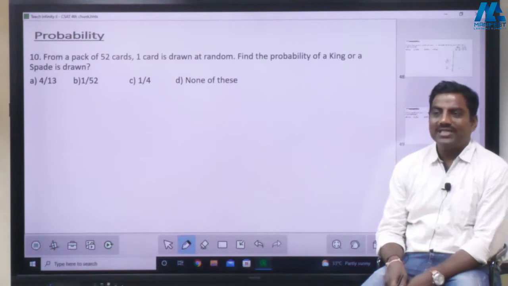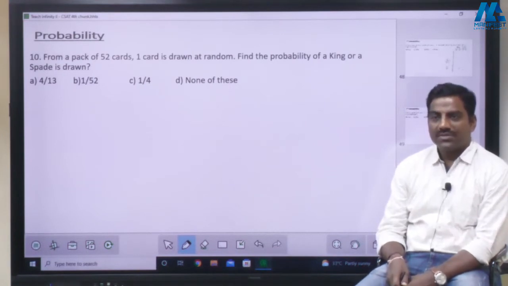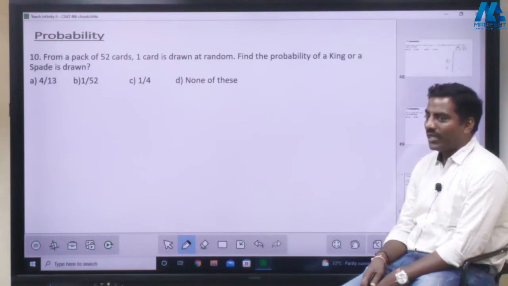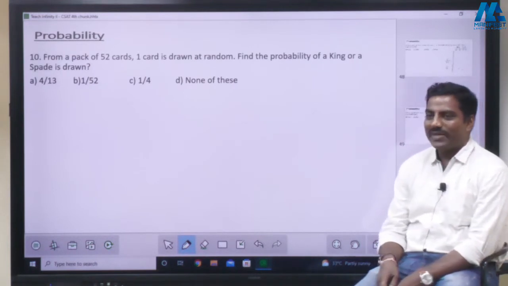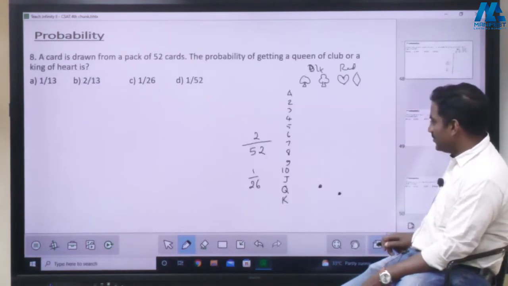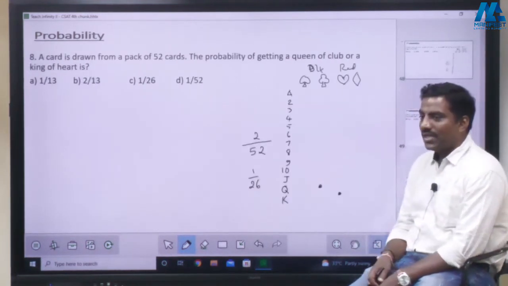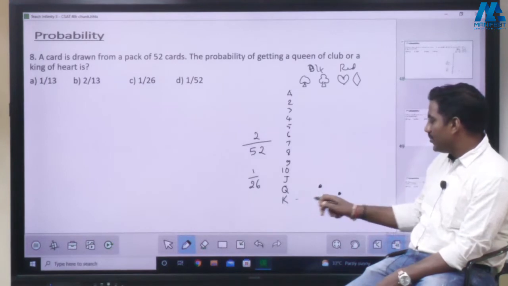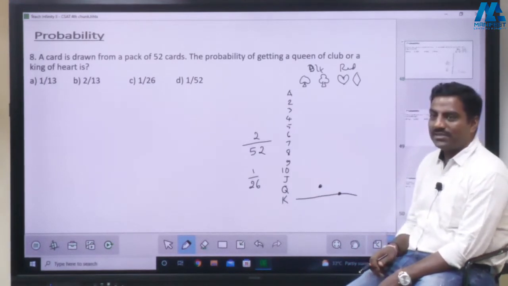How many spades will be there? 13. So totally, 4 kings, 13 spades. Kings, how many? 4. Spades?